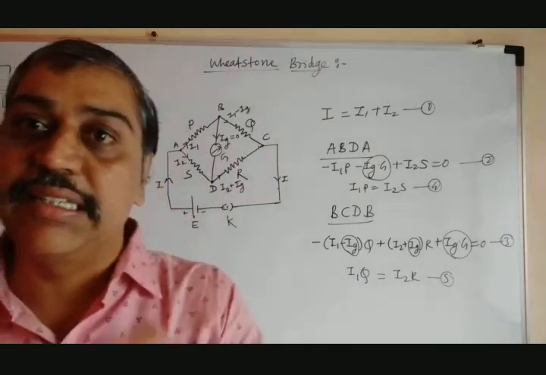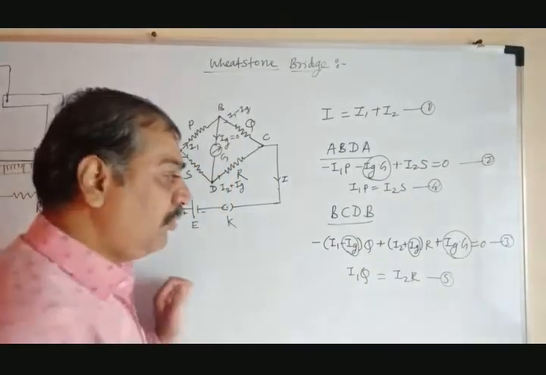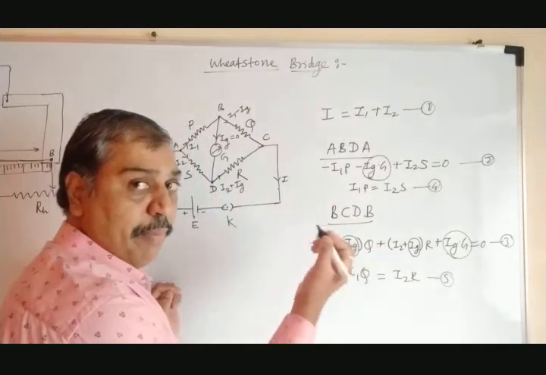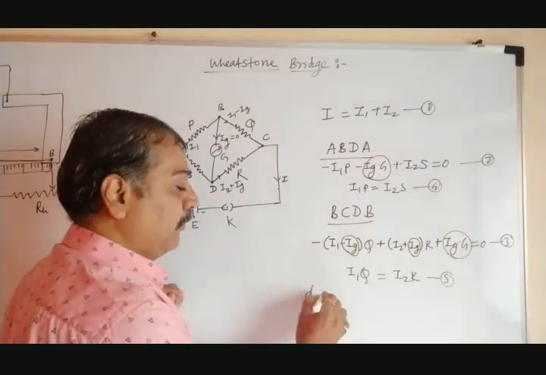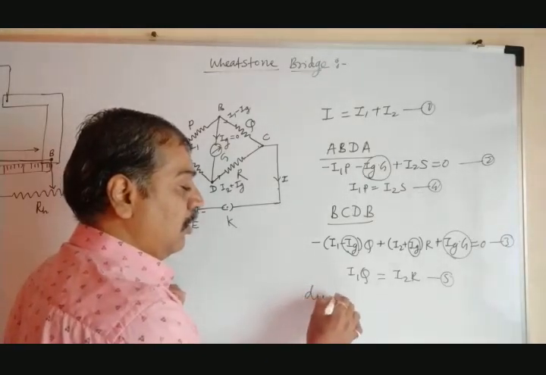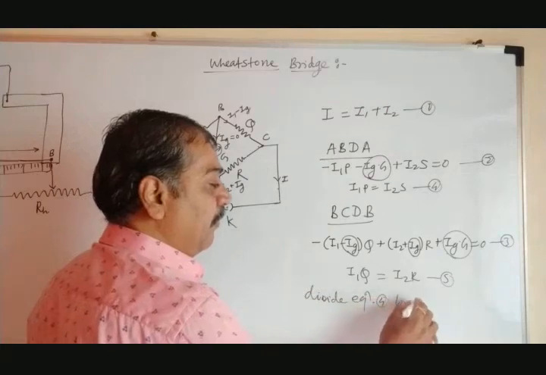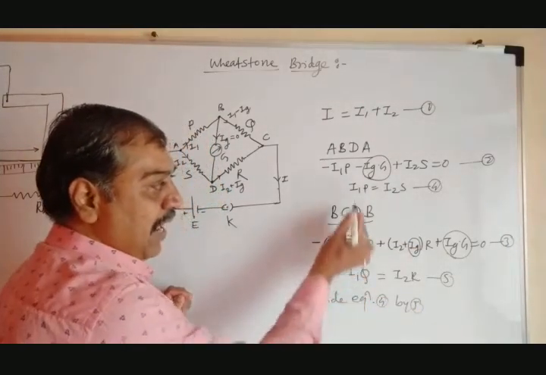Now in this case, divide equation 4 by equation 5. What we get? I1 cancels out.